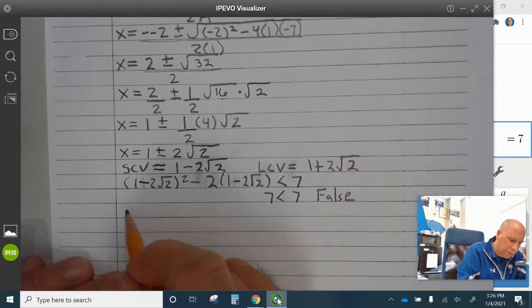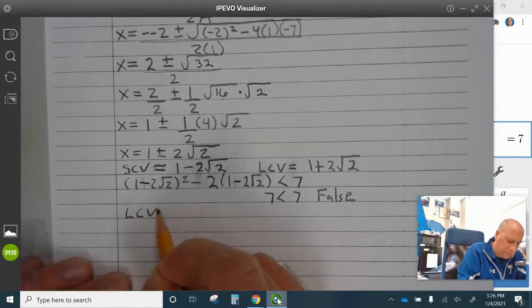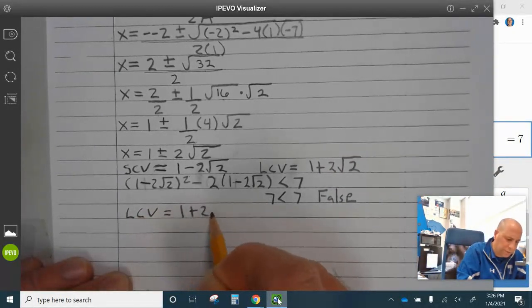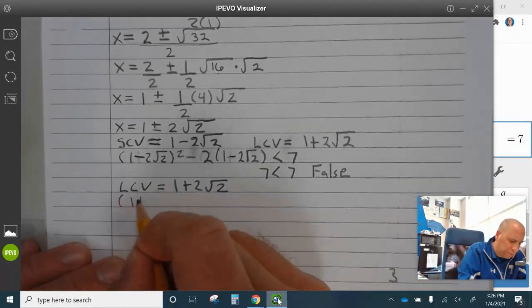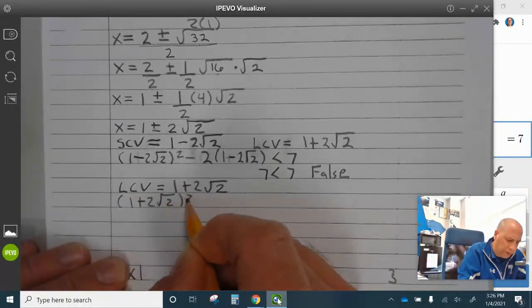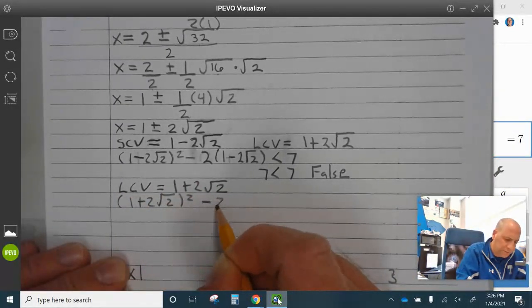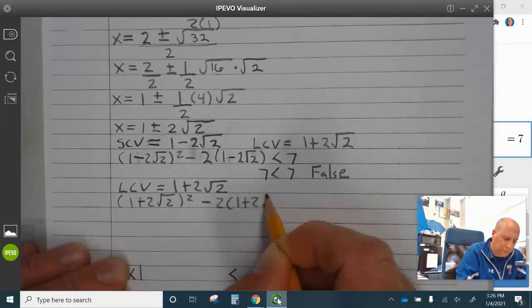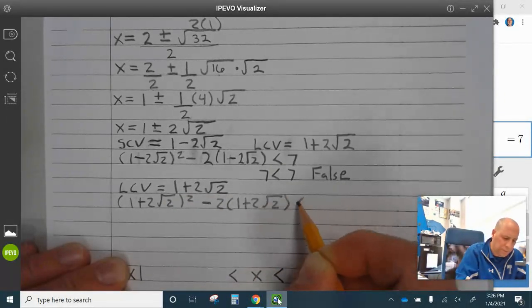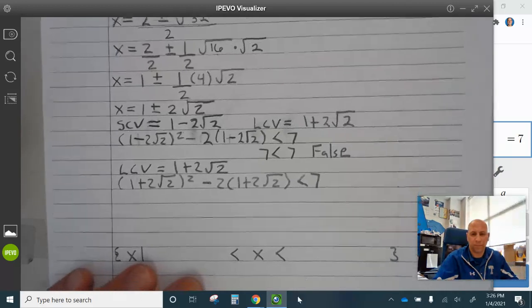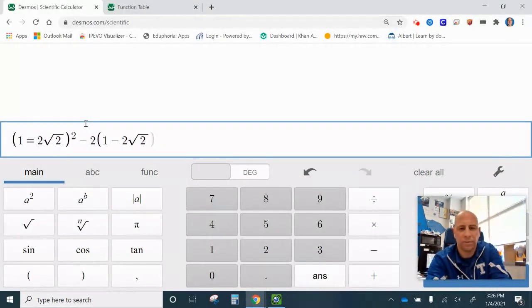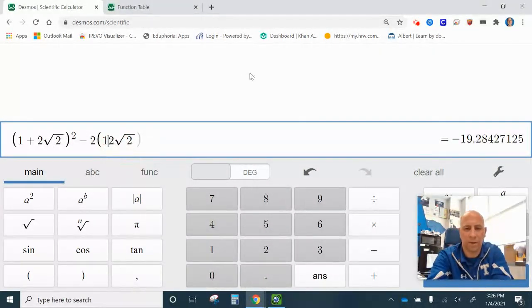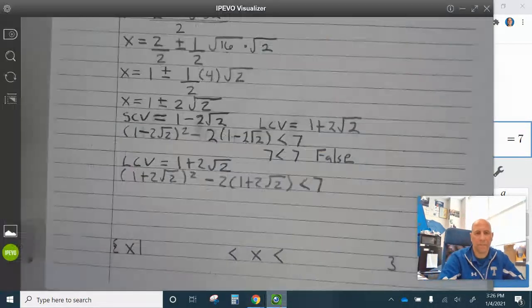Okay, now we need to test the large critical value, which is 1 plus 2 square roots of 2. So that's 1 plus 2 square roots of 2 squared minus 2 times 1 plus 2 square roots of 2 less than 7. So really all I have to do is put a plus sign right here, and a plus, and we get 7.